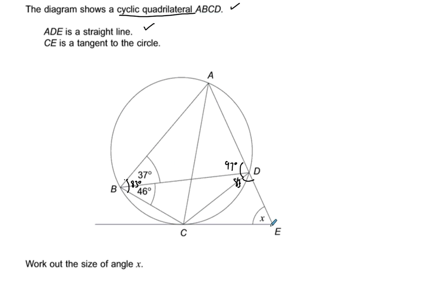CE is a tangent to the circle. So you can tell that that's the chord. So the angle between the tangent and the chord, here's our alternate segment. That angle will be equal to that angle there. So that's 46. So we're getting closer to this x that we're trying to find.